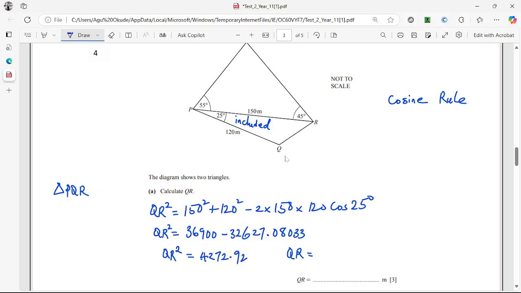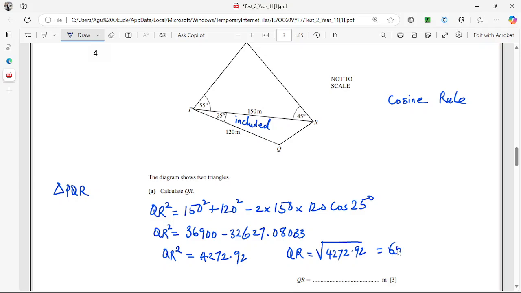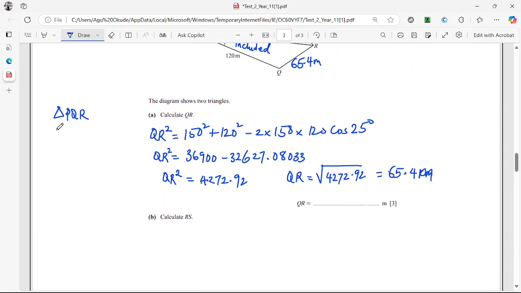The square root of 4272.92 gives me 65.4 meters. So that is the value of this side. So I can put it here, 65.4 will be there. Then the next one says find RX.